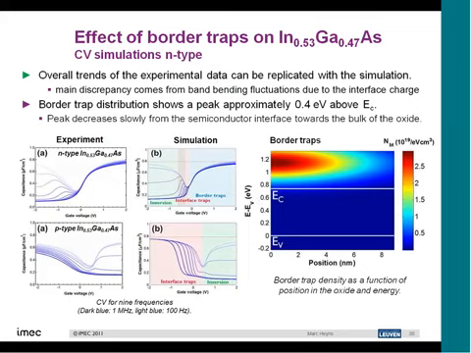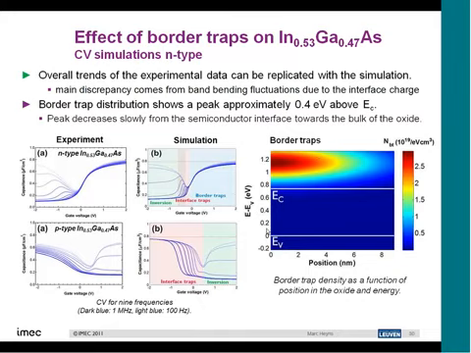And actually what we see is that also now in the performance of our devices, these border traps, which are located above the conduction band, into the oxide, which is shown here in this graph, typically give you this kind of distribution, this shape here that you typically see in the CV curves, which many people tend to discard, but actually is very important because this is a nice signature of these border traps that also exchange charge with the III-V material, and in that way affect our device performance.